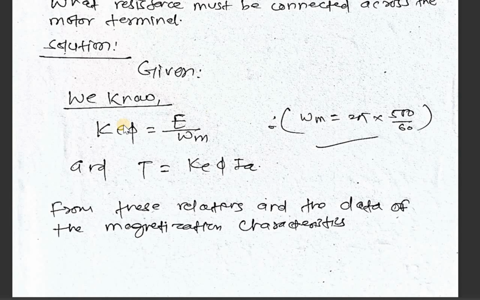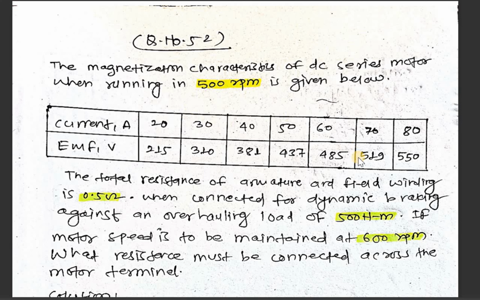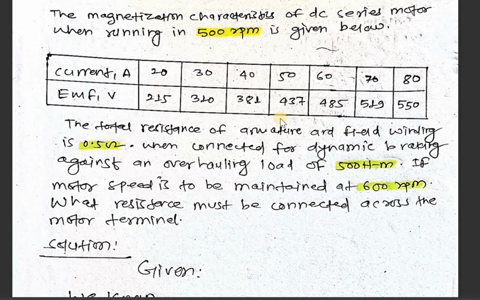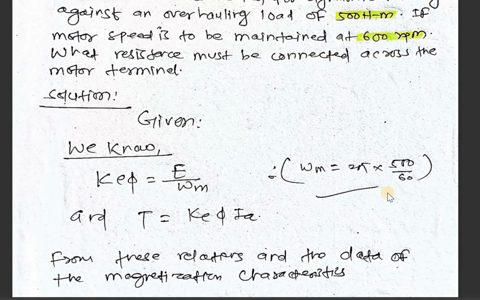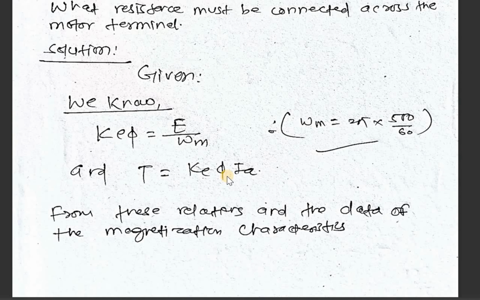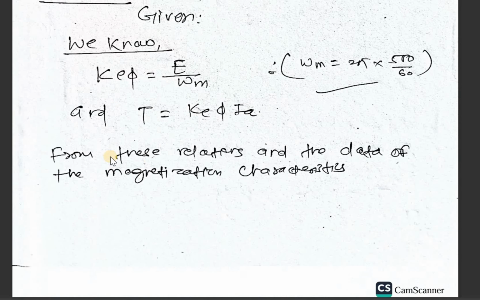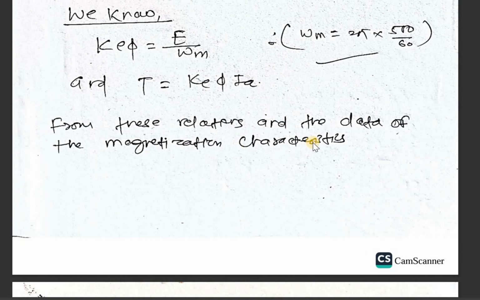We know Ke phi equal to E upon omega M. Omega M equal to 2 pi into 500 upon 60. This 500 is the RPM, so if you divide this by 60, it converts to RPS. And torque T equal to Ke phi Ia. From this relation, we take the data of the magnetization curve.